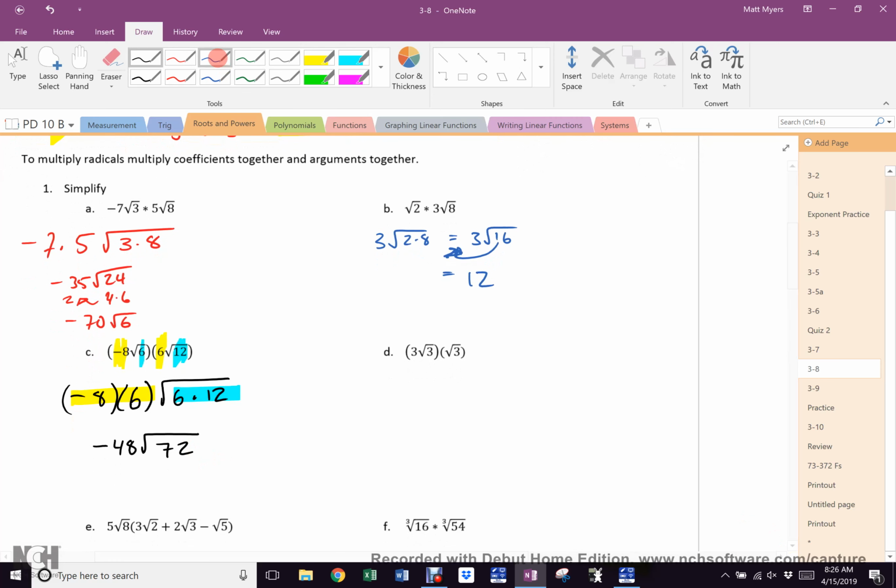Simplify. 72 breaks down into 36 times 2. Why did I use 36? Because it's got a perfect square. What is the perfect square root? So what comes out here? 6. What do 6 and 48 do? Multiply to get -288 root 2.